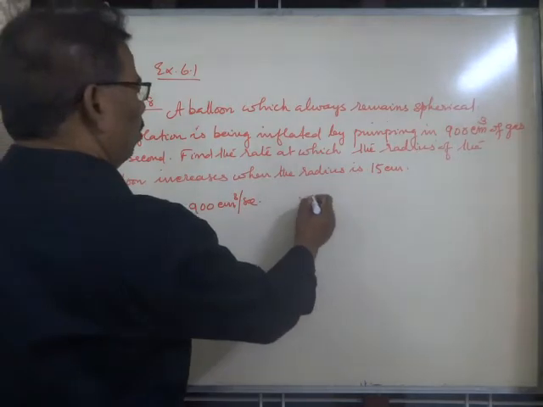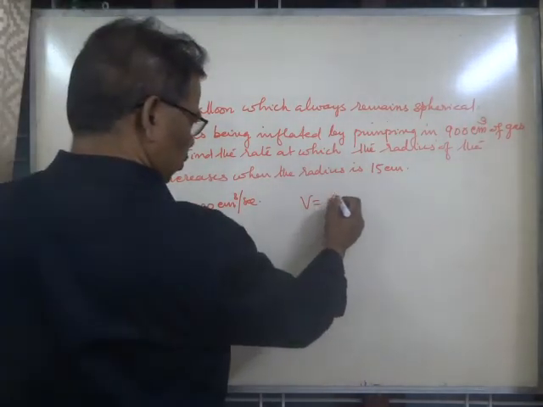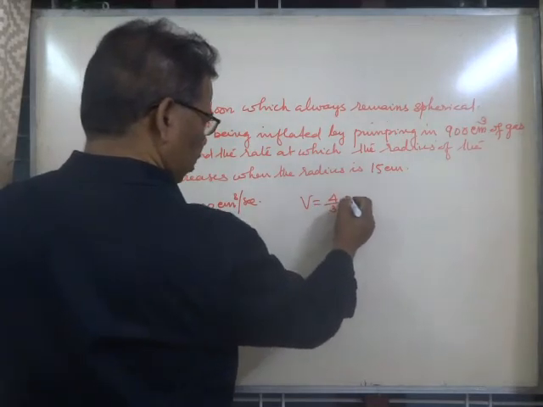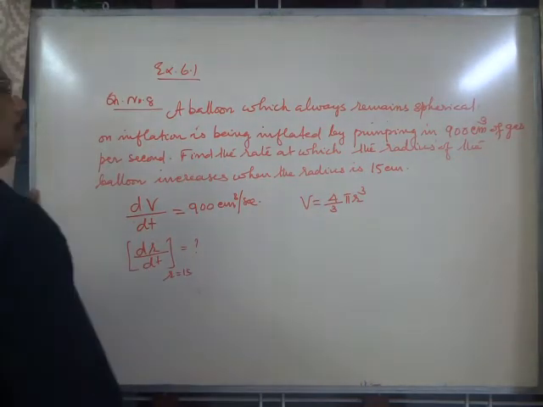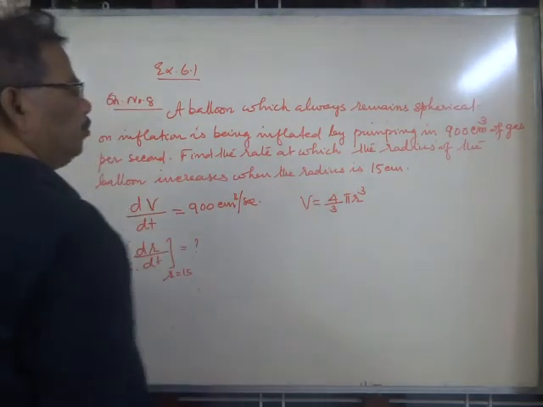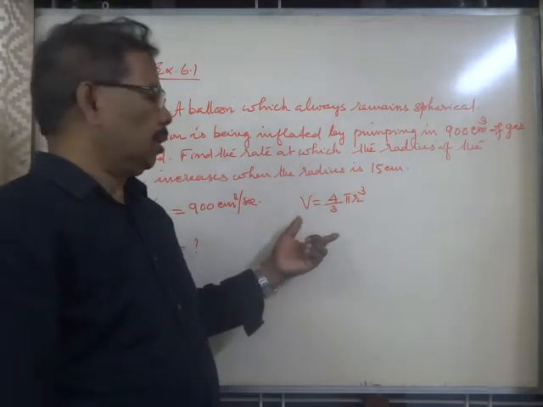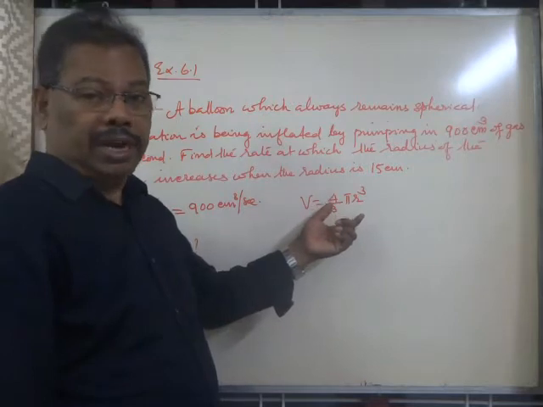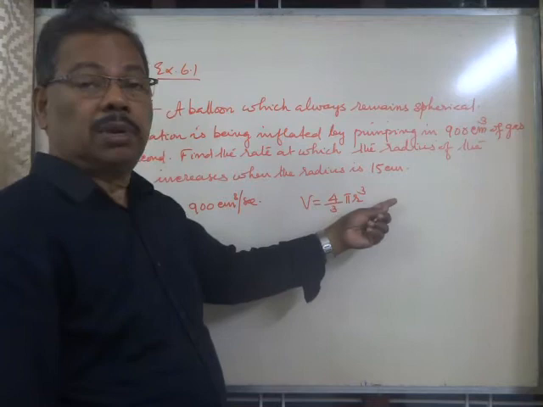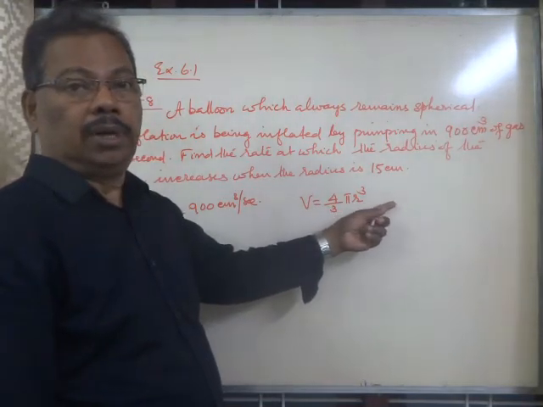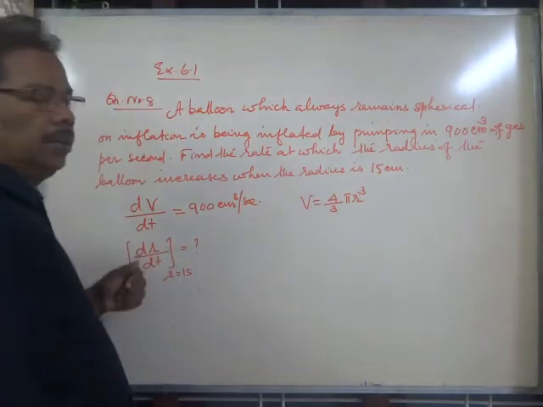Now, volume of a sphere is given as 4 by 3 pi r cube. How to find the derivative of the volume with respect to time? We can find the derivative with respect to radius. Then, if it is multiplied by derivative of radius with respect to time, we will get dV by dt.